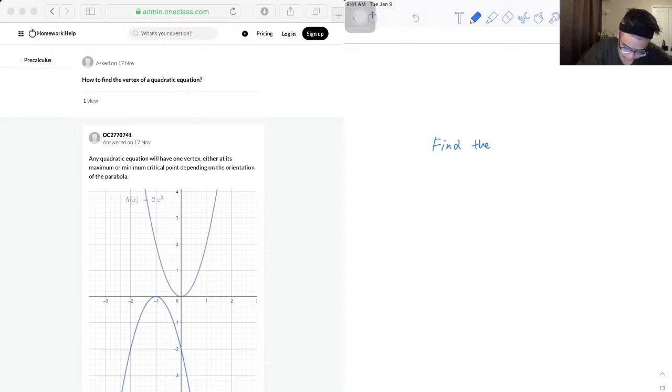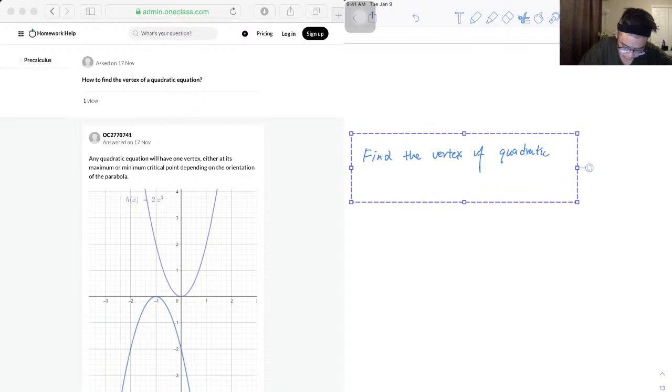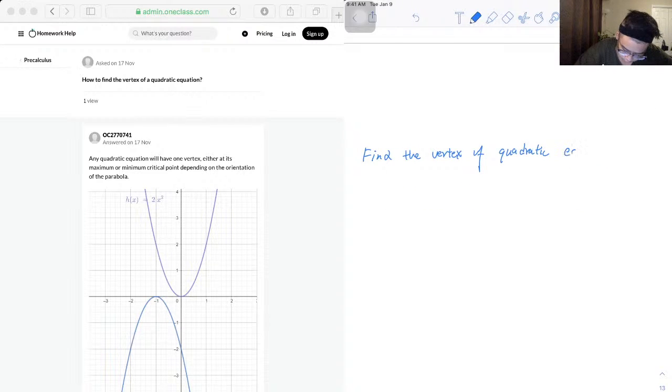Find the vertex of quadratic equation. There are several ways of finding the vertex of a quadratic equation, and today I'm going to show you how to do it by solving the derivative of it.